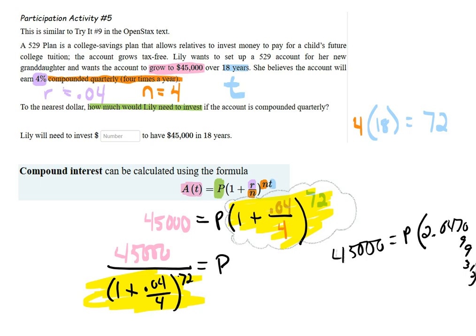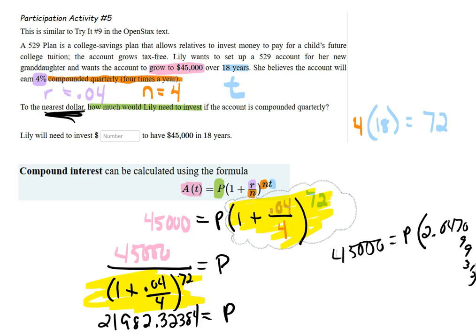So worst case scenario is you take 45,000 and divide it by that obnoxious number, or you can put all of it in your calculator. When I do that, I get 21982.32384, and it says to the nearest dollar.